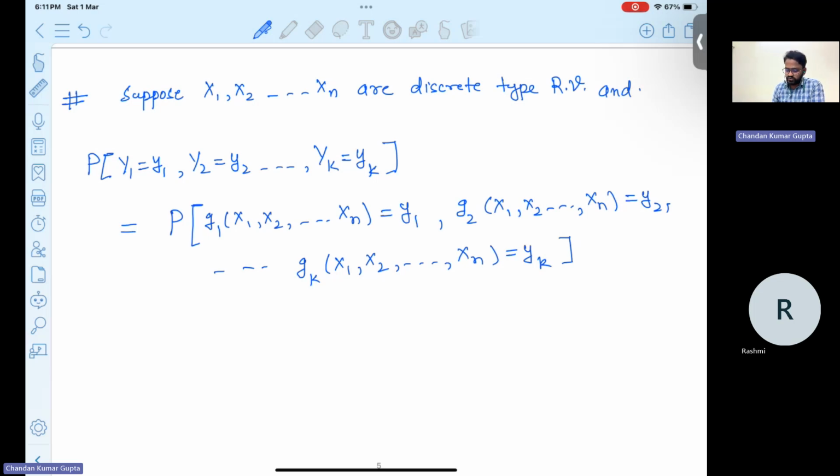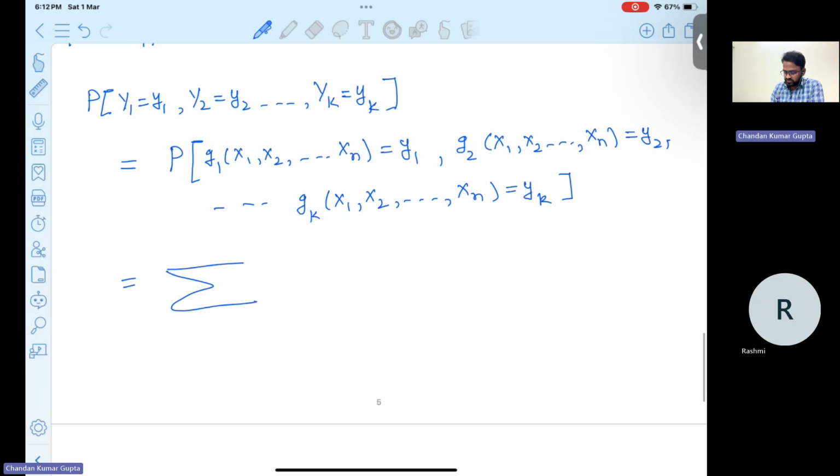Now to find the PDF, to find the distribution, we can write it like this: summation, which is equal to the summation of the probability that x1 equal to small x1, x2 equal to small x2. These are only notation of how to write. And xn equal to small xn.